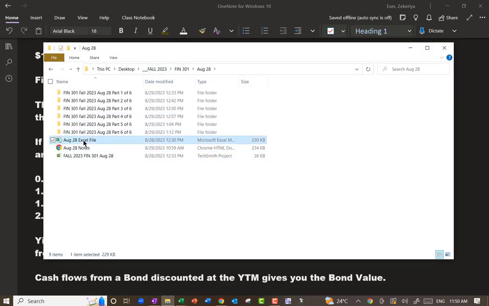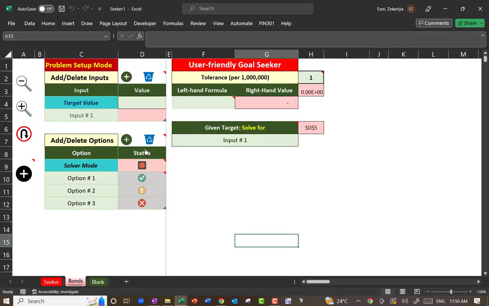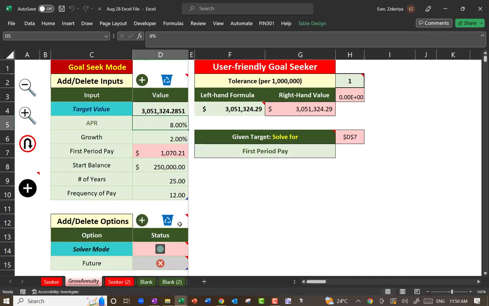the Excel file we had last time. Okay, so I have no growth, payments are the same. Let's put this into setup mode and present. The balloon or APR 4.106.